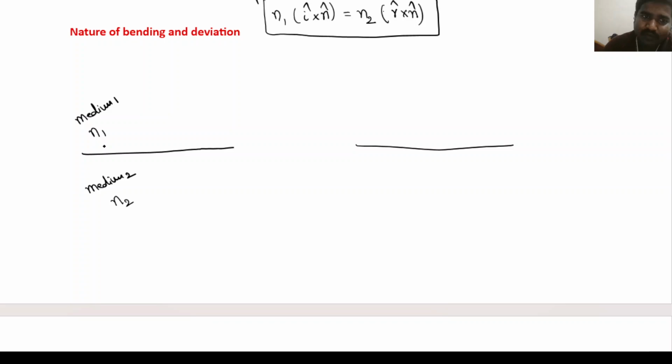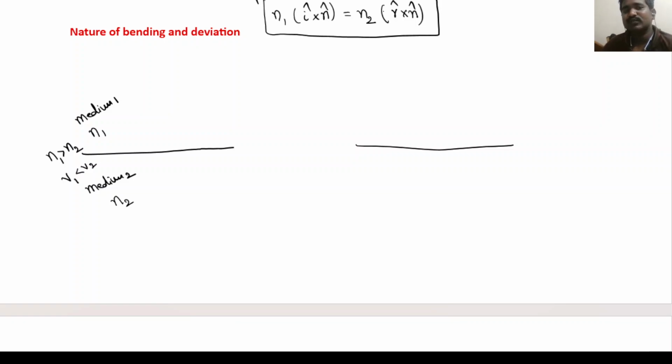Here I am giving one relation between the refractive indices. The refractive index of medium one is greater compared with the refractive index of medium two. If the refractive index is greater, then definitely the speed of light in medium 1 is lesser compared with the speed of light in medium 2. If the speed of light is lesser in the medium, then it is an optically denser medium.